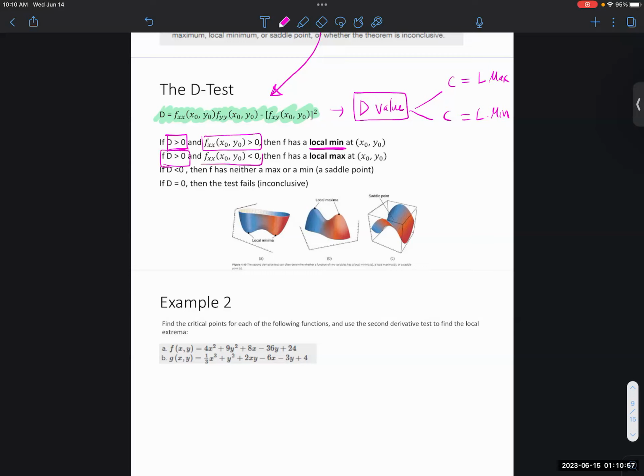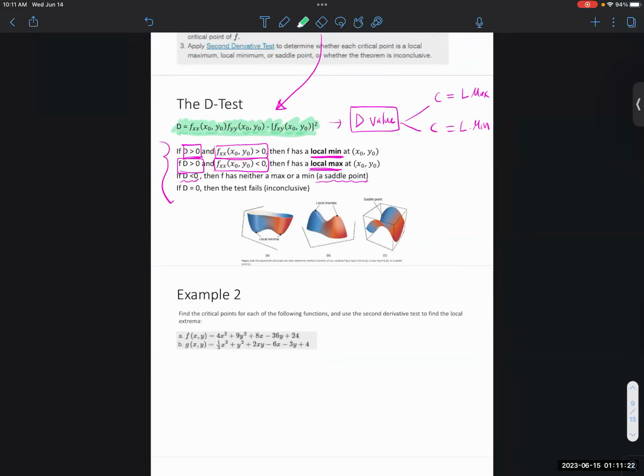Positive and negative, local max. And then if D is negative, it's not a max or min, it's just a saddle point. And then D equal to 0, we fail to find the local max and min. So these are the 4 cases you will consider after you evaluate the D value.